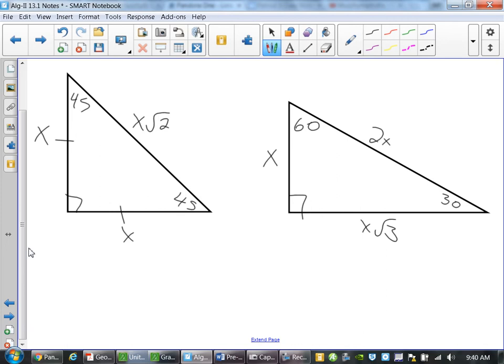You bisected one of them, and you got yourself the 30. You drew in the altitude of that triangle, which gave you, if you did it with 2's for your side lengths, a 2, and half of it was 1. Using the Pythagorean theorem, you got root 3 for your height. That's how we developed all these. The other one came from a square, where we cut it on the angle. 1 squared plus 1 squared, square root, we got the square root of 2. Works every time.